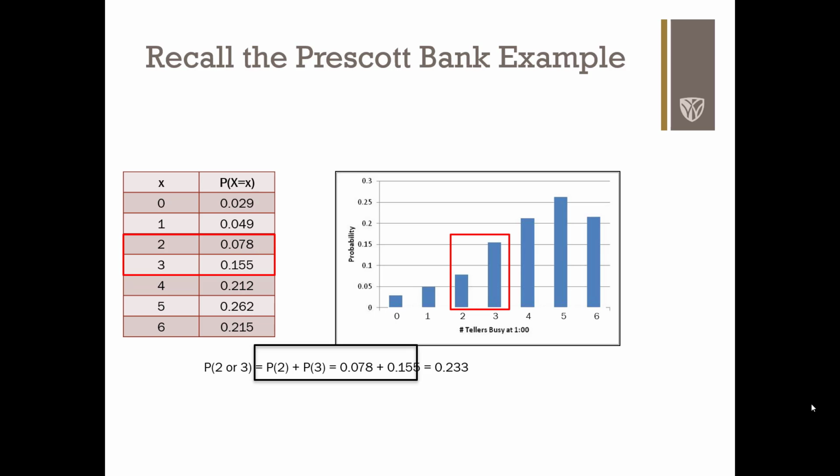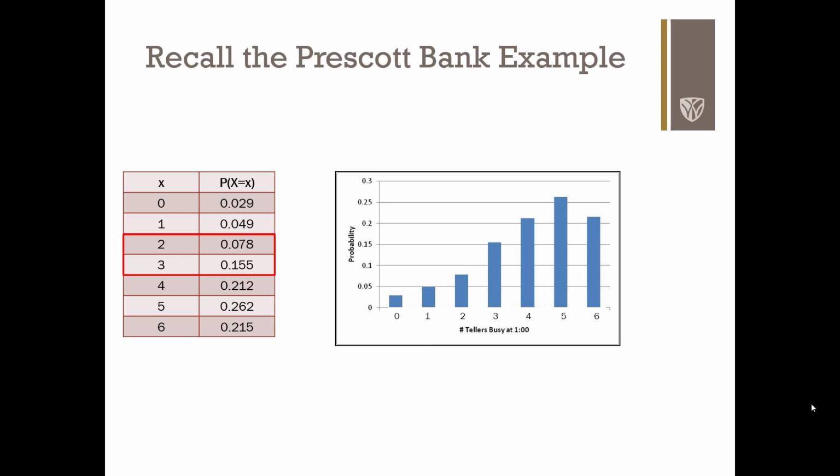So if we were to think about computing the probability that either 2 or 3 tellers are busy at a particular time, that could be represented to a certain extent by just looking at the heights of those bars. We could measure the heights of those bars and then add those up, and that would give us the probability that we need. And I want to continue with that idea just a little bit.